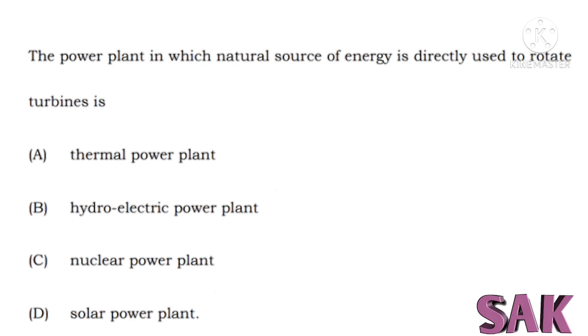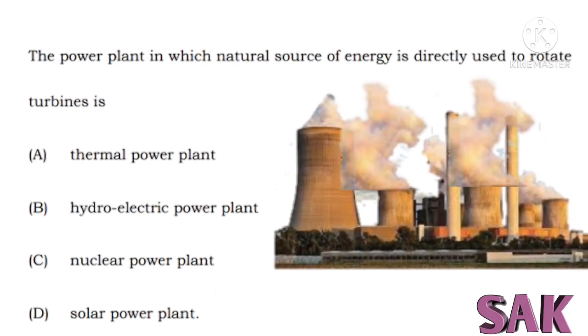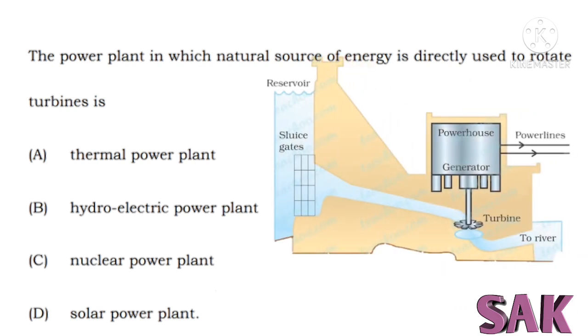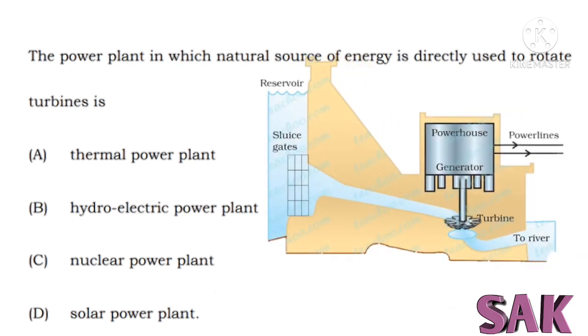Before answering this question, let us analyze the options one by one. Firstly, thermal power plant. In thermal power stations, large amount of fossil fuels are burnt to heat up water to produce steam, which rotates turbines. Next, hydroelectric power plant. Here, tidal energy is used directly to rotate turbines.